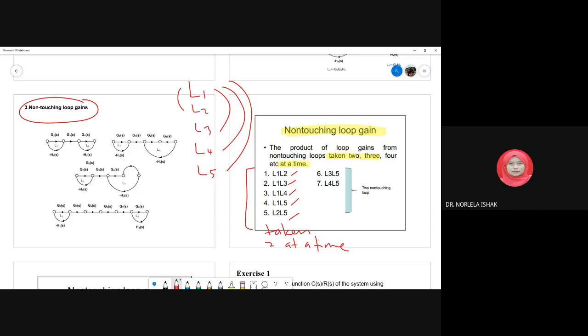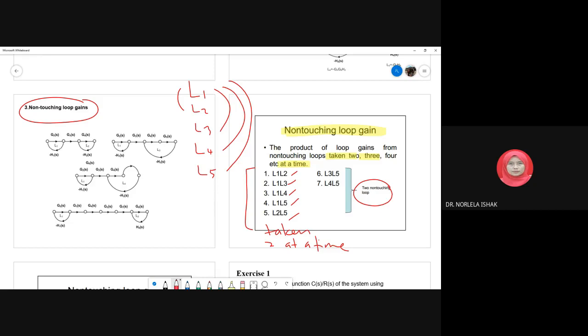And then this is also 3 and 5. Okay, 3 and 5, 4 and 5. Okay, we have 7, is it? We have a 7, this one, 2 non-touching loop. Okay, we have a 7 item for taken 2, non-touching taken 2 at a time.